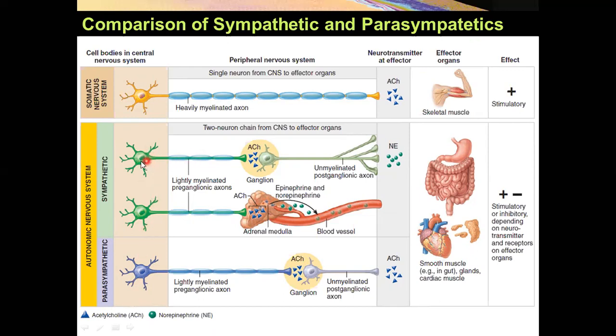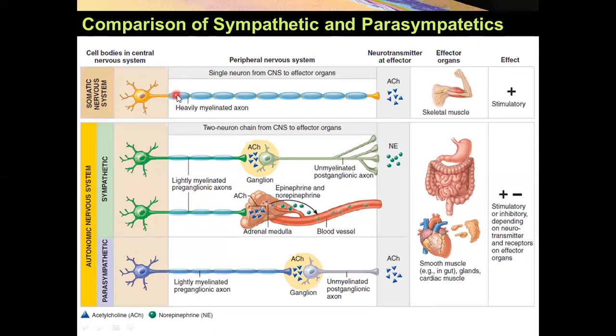Preganglionic sympathetic and parasympathetic nerves are lightly myelinated. By contrast, post-ganglionic sympathetics and parasympathetics are not myelinated, so they are unmyelinated.